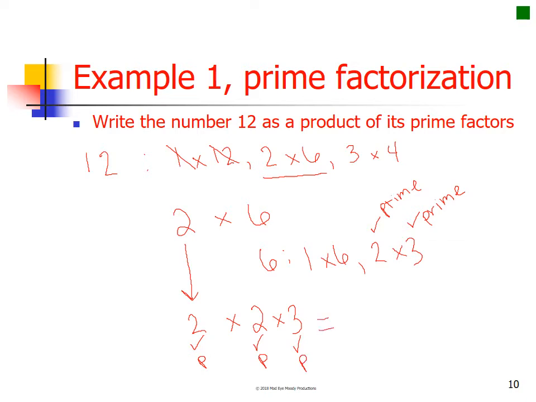And if I multiply 2 times 2 times 3, that gives me 12. 2 times 2 is 4, 4 times 3 is 12. So the prime factorization of 12 is 2 times 2 times 3, because all 3 of those numbers are prime, and if I multiply them together, the product is 12. That is how to prime factor a number, and that is the prime factorization of 12.